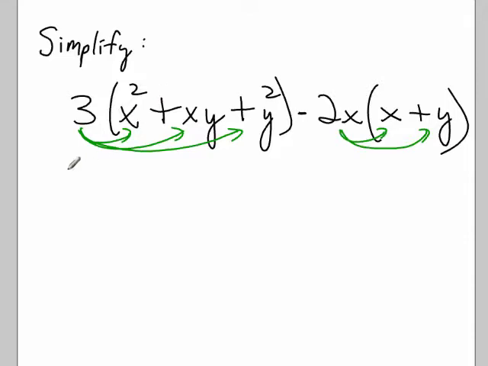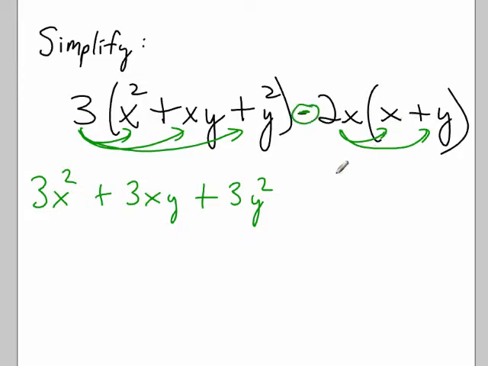So if we multiply the 3 through with distribution, we'll get 3x squared plus 3xy plus 3y squared. And then if we distribute the negative 2x through, remember the negative attaches to the 2, so we're multiplying negative 2 through. This times this will be negative 2x squared, and negative 2x times y will be negative 2xy.